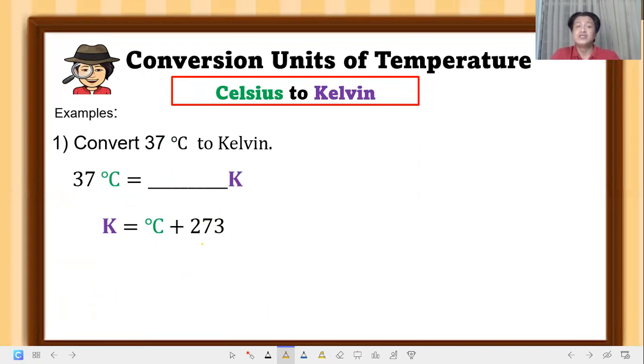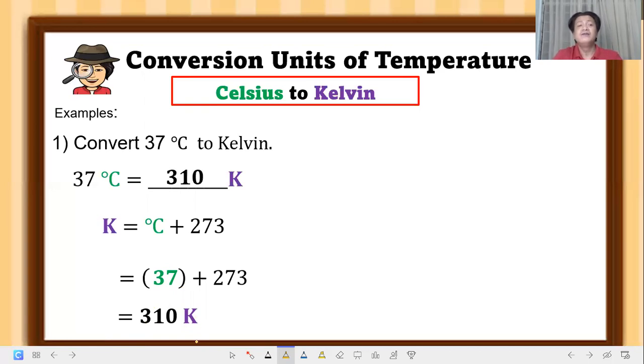Okay lang naman yon. So, ibig sabihin yan, i-replace mo lang yung given dyan or i-add mo yung given 37 plus 273. Yan ngayon yung magiging Kelvin measure natin or that is 310 Kelvin. Yun yung katumbas ngayon niya 37 degrees Celsius. That is a human normal body temperature.